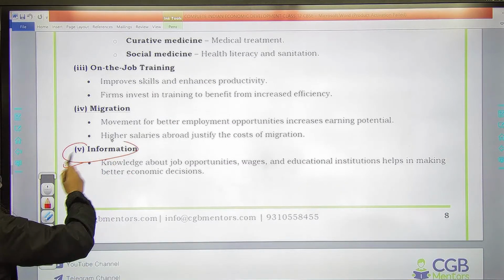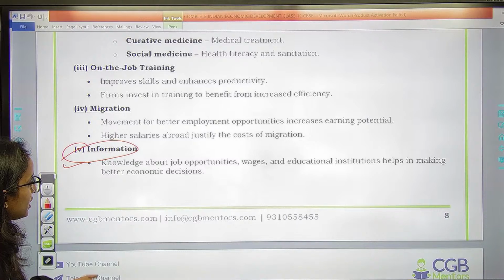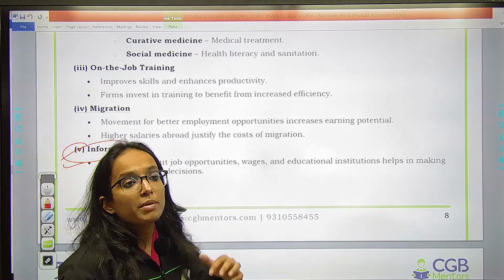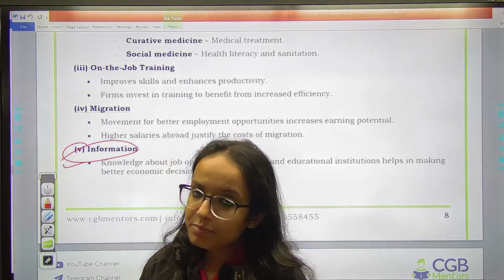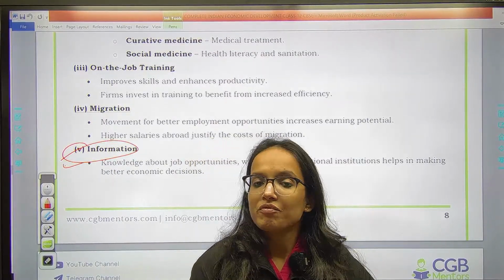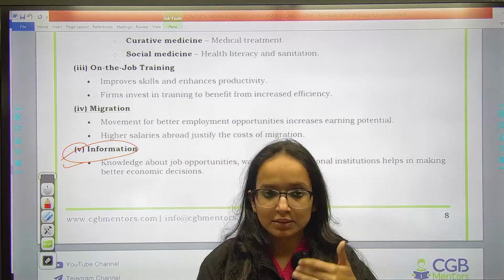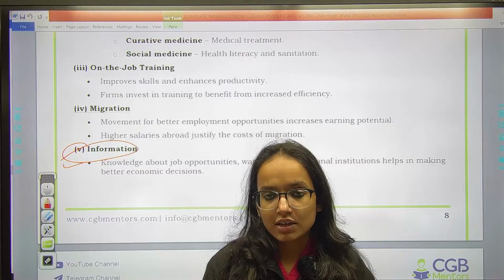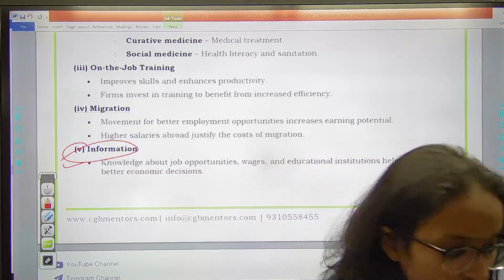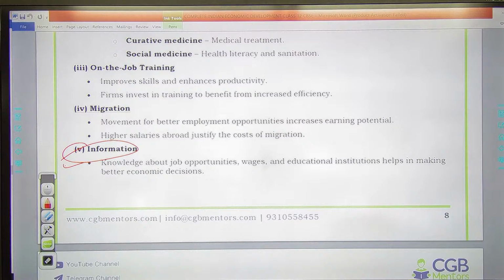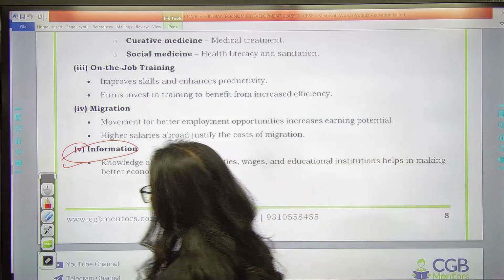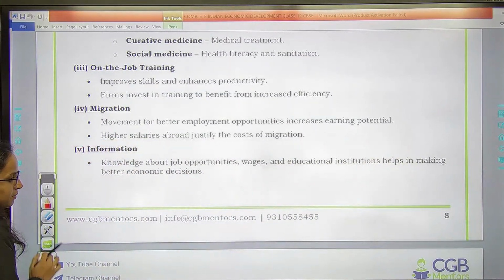Then information, knowledge about job opportunities, etc. is also important in decision making. If people are well aware of all the opportunities, they will be able to tap the opportunity. But if they are not aware of the opportunities, then the human capital idea will be somewhat blurred.